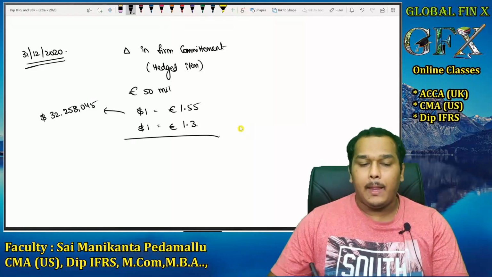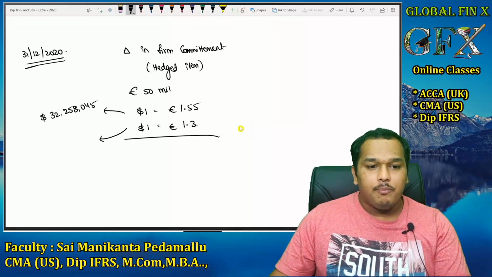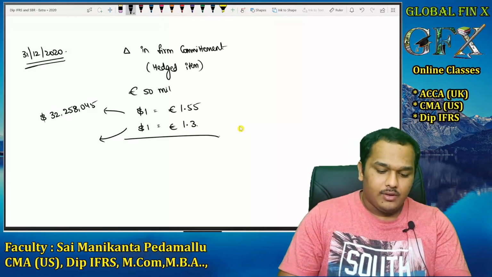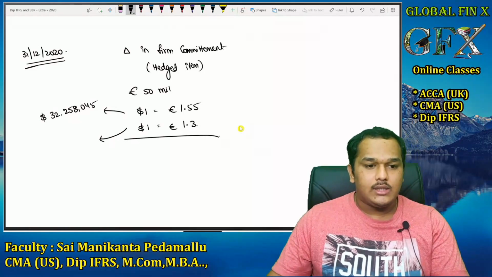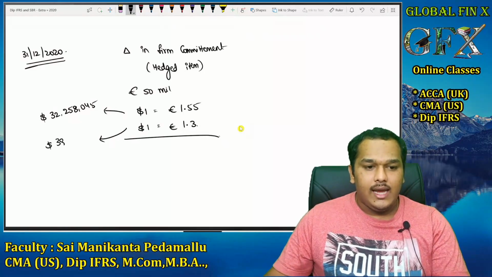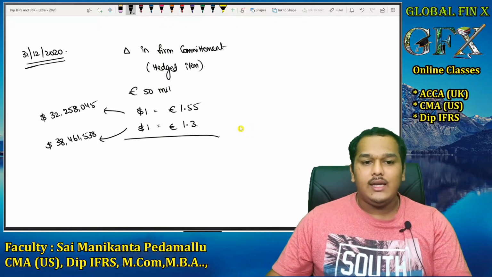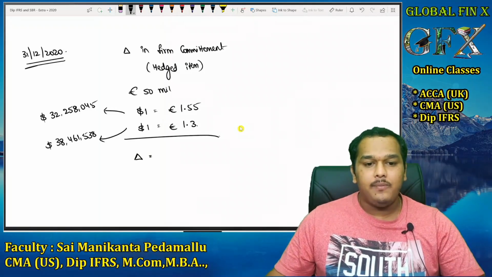And on the reporting date, I need 50 million divided by 1.3, which is equal to $38,461,538. So what is the delta here?